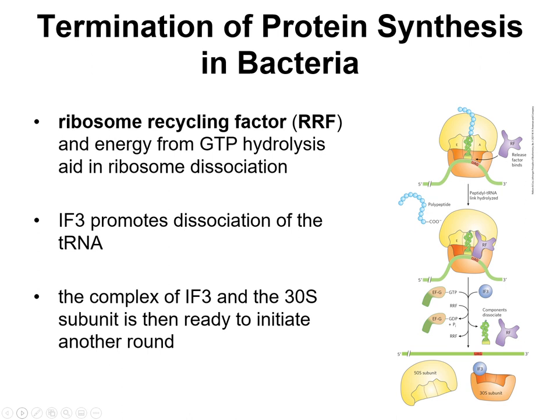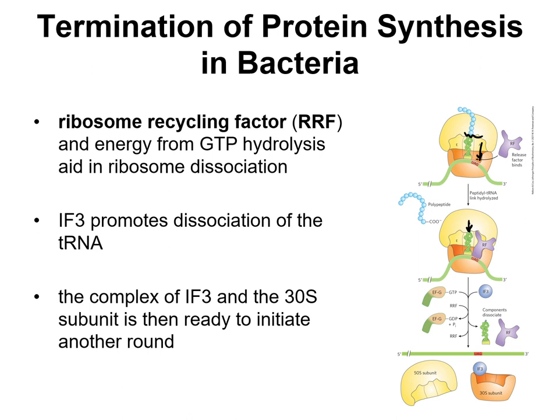We've got the release factor binding to the A site here. We're going to hydrolyze that bond so that we can release a free polypeptide, and it's got a free carboxyl end. But we've still got this empty tRNA here that needs to move.